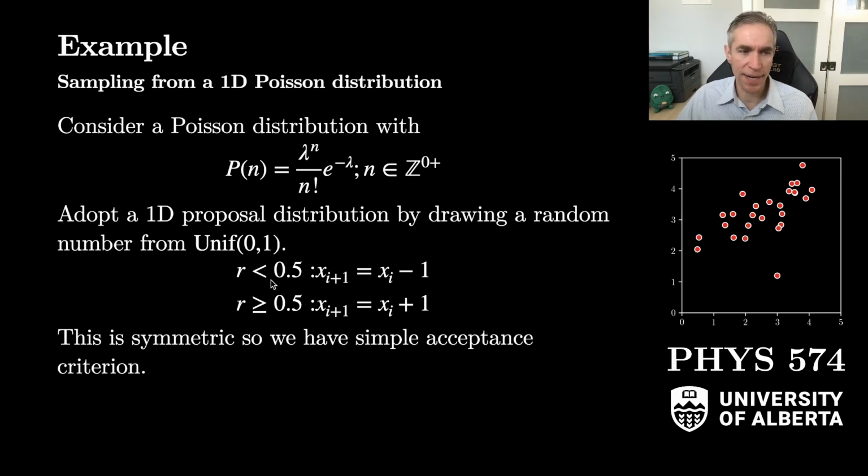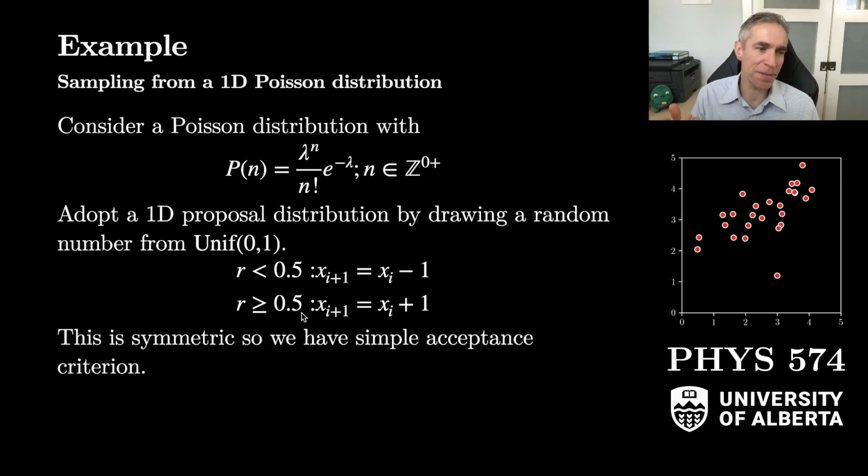If r is less than a half, we say x_{i+1} steps down by an integer, and if r is greater than 0.5, we step up by an integer. So it's a very simple function. Basically, flip a coin. If it's tails, you go negative. If it's heads, you go positive. Take a step that's 1 unit wide.